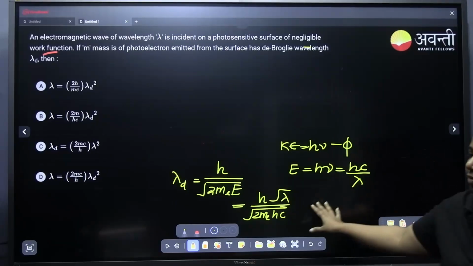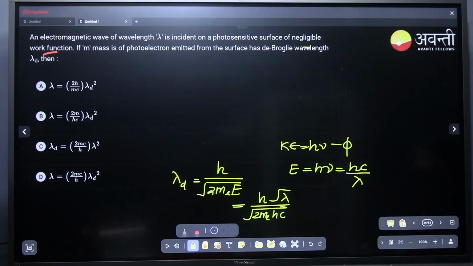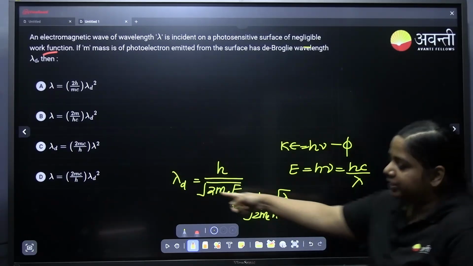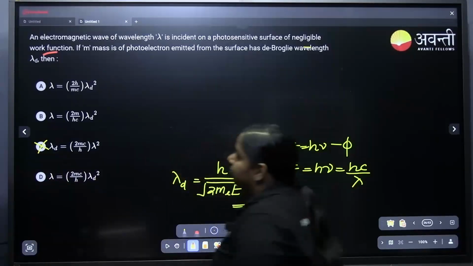Now we got the formula, we have to square and find which will be the appropriate answer. So from this we know lambda d square, we have to square, so this one is not the answer.